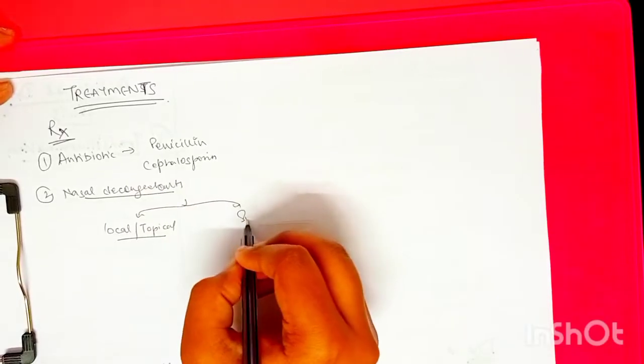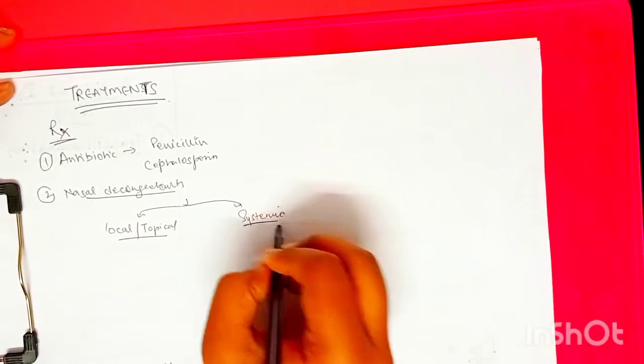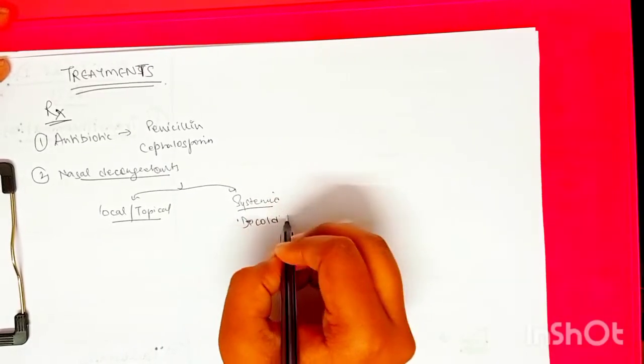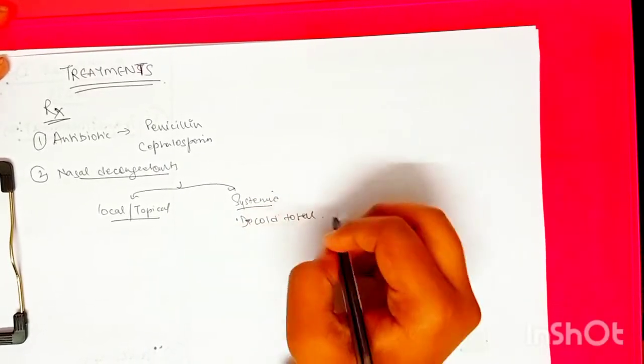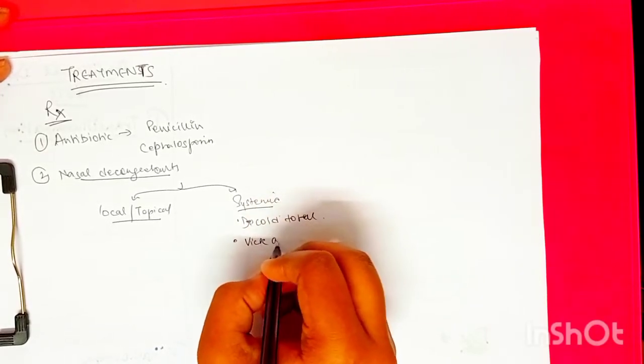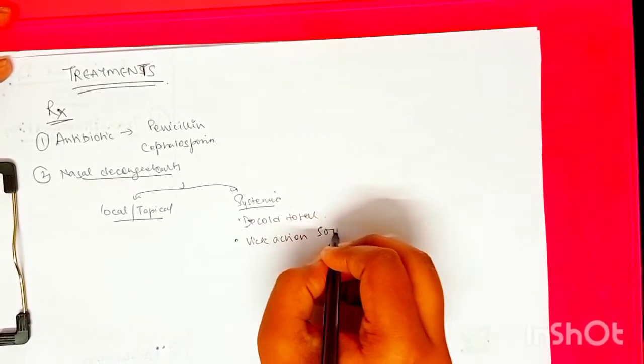Other medicines which we give are nasal decongestants. It could be local, topical, or systemic. Systemic example would be D total, and then we can also give Vicks Action 500.